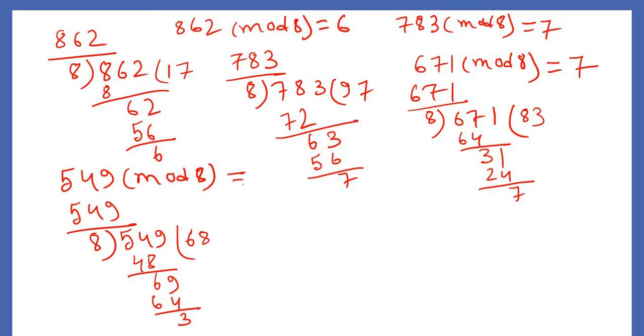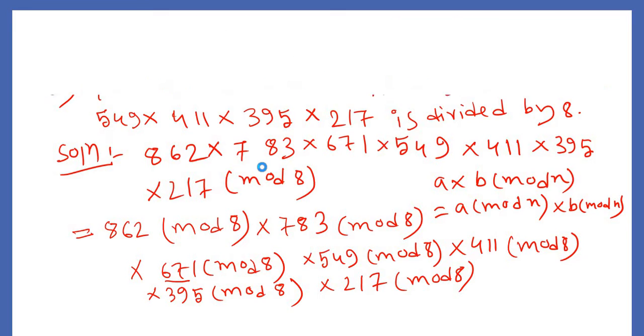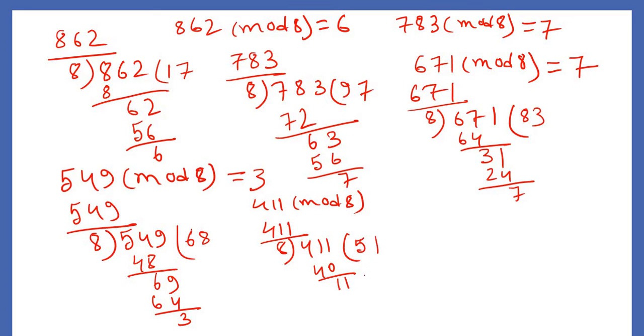Therefore the value of 549 mod 8 is 5. Next, find the value of 411 mod 8. If we divide 411 by 8, 5 into 8, 40, 11. 8 into 1, 8, and 11 minus 8 is 3. So here the remainder is 3. Therefore the value of 411 mod 8 is 3.